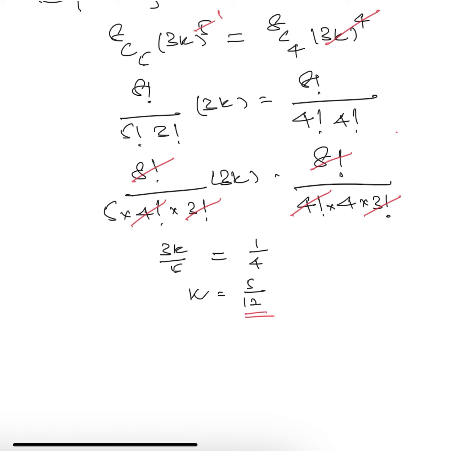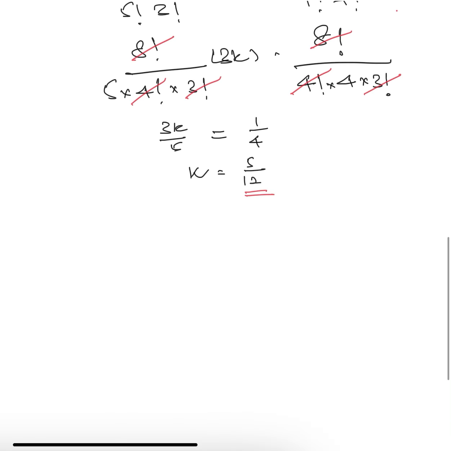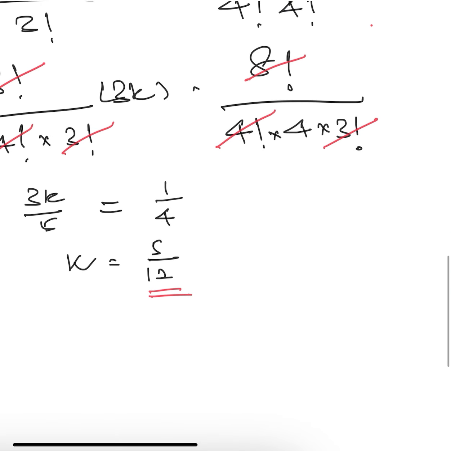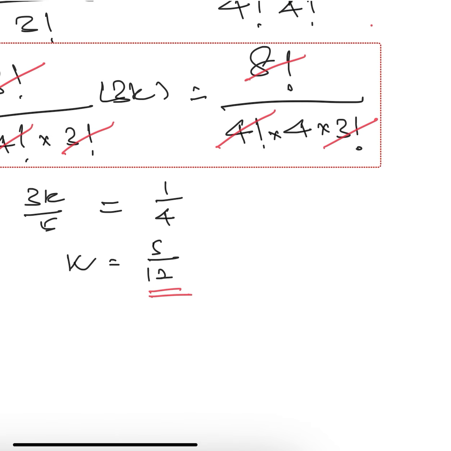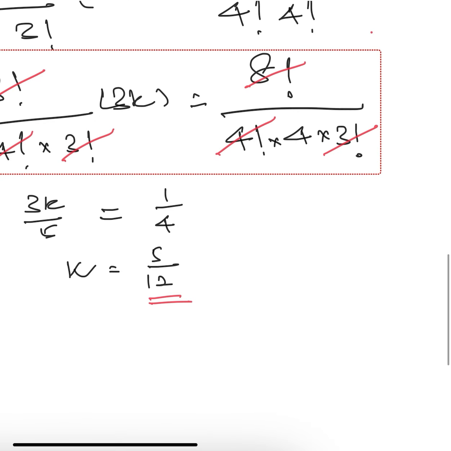On the right hand side, the denominator is 4 factorial, keep it that way, and instead of the other 4 factorial, I write 4 times 3 factorial. Now we can cancel out 8 factorial on the top, and 4 factorial and 3 factorial on the bottom.